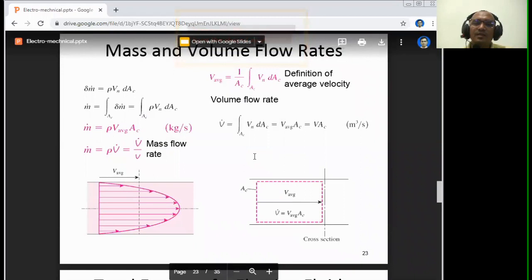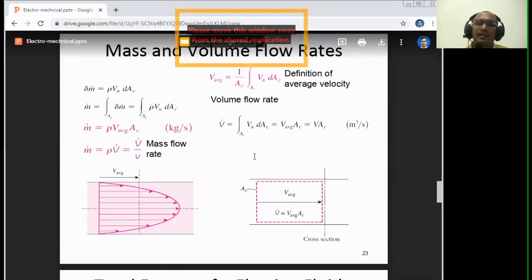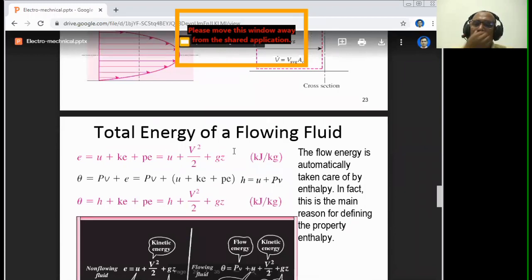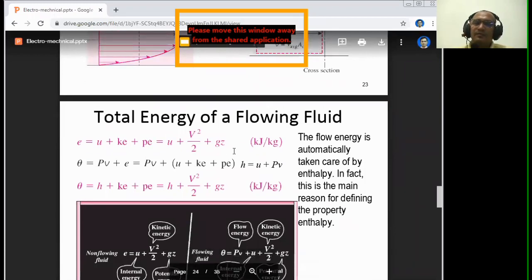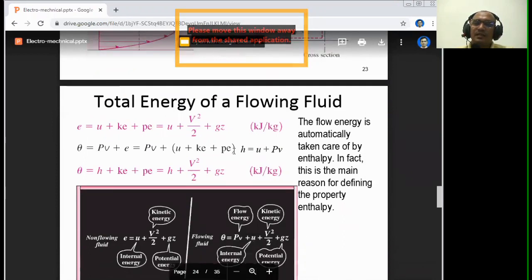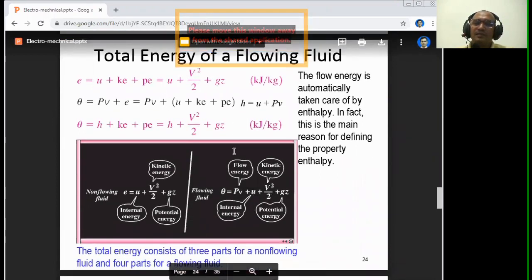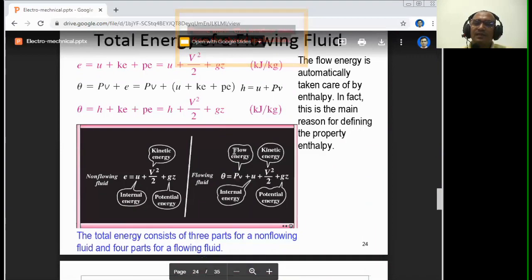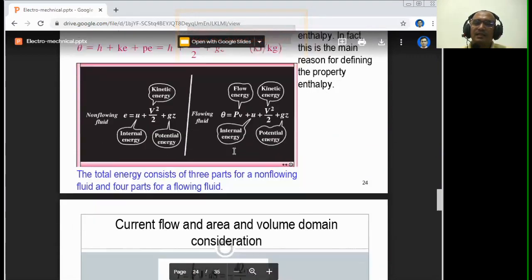Here the key concept is mass flow, how it is related to volume flow, how volume flow is related to cross section, and the normalized velocity of the mass of water. So we can consider the mass flow and volume flow relation. And we also know previously that the kinetic energy, potential energy, and energy due to gravity will be the effective energy to transfer from mechanical to electrical energy.